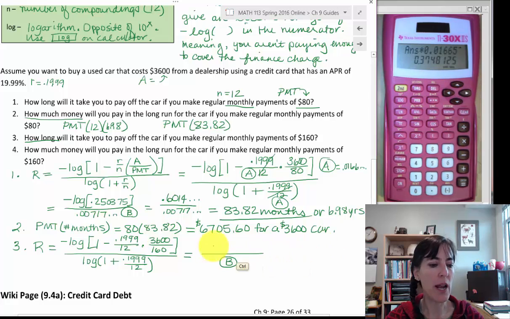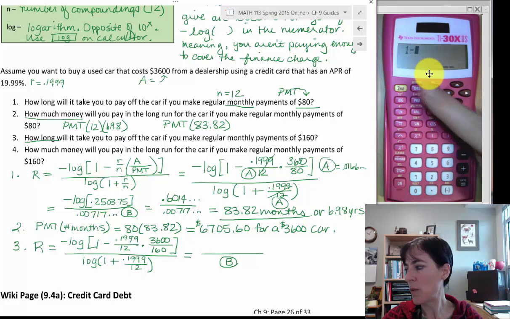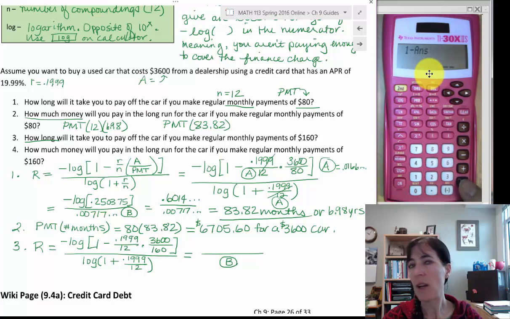So far I have calculated this times this, and now I have to do 1 minus this amount that's sitting on my calculator right here. So I'll do 1 minus answer. Remember, you have to do it in that order. You can't do negative 1. It's not the same thing. And I get 0.6251.